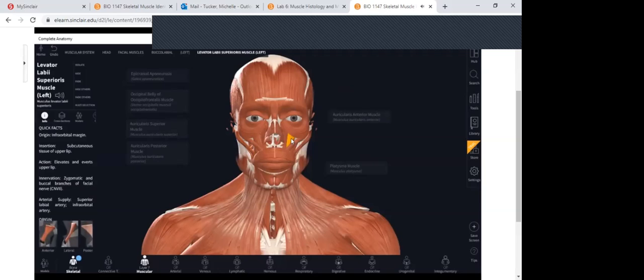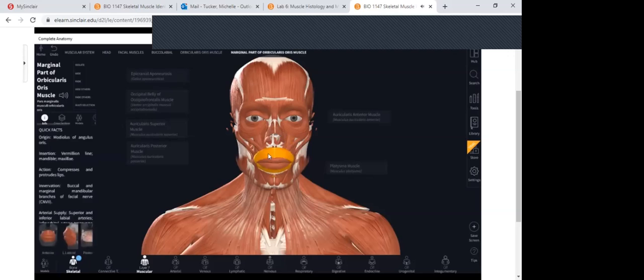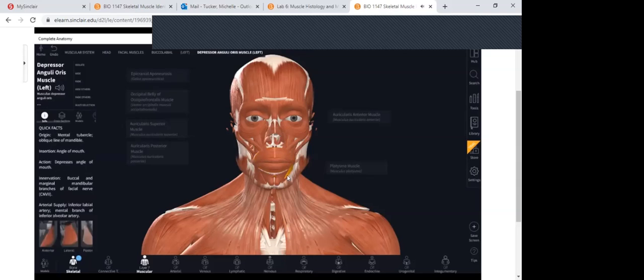This is levator labii superioris. When it contracts, it will elevate the upper lip. This is orbicularis oris. When it contracts, it will close and protrude the lips. This is depressor anguli oris.